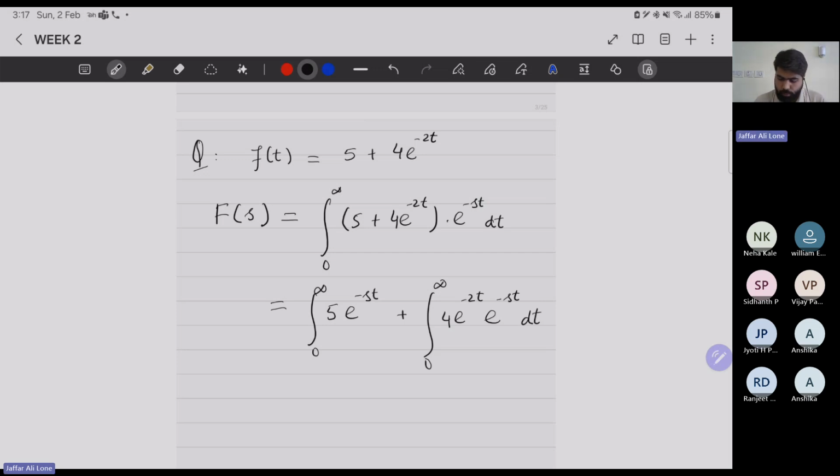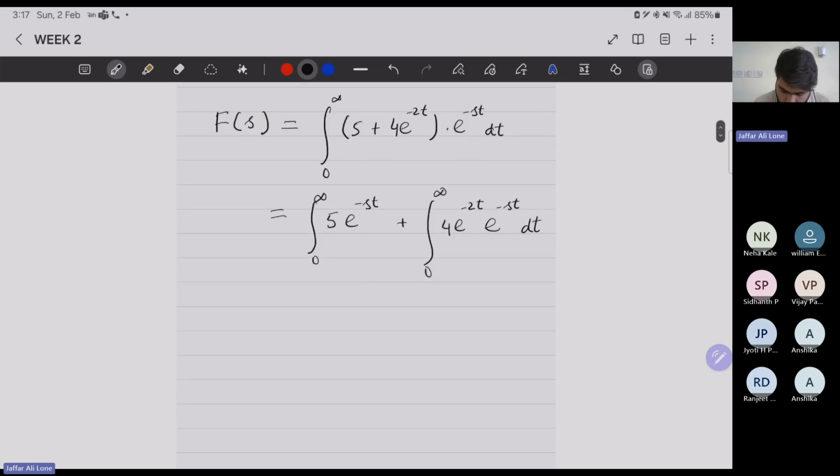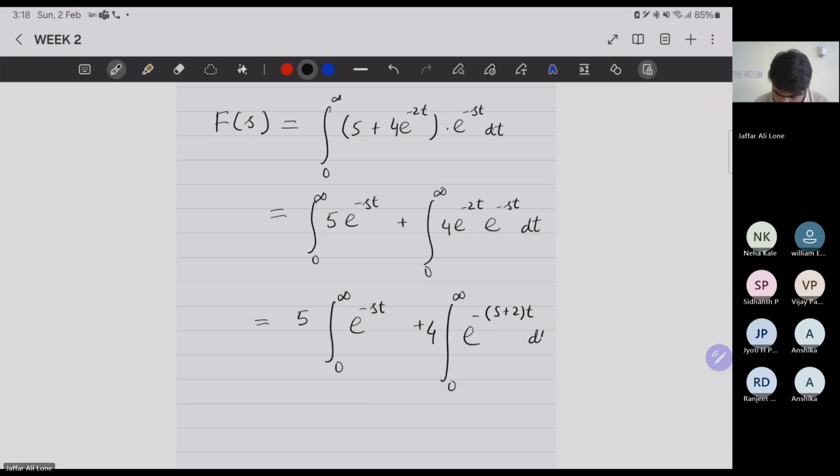From here, it will be e raised to the power minus st, and 4 will come outside, e raised to the power minus (s plus 2)t dt.